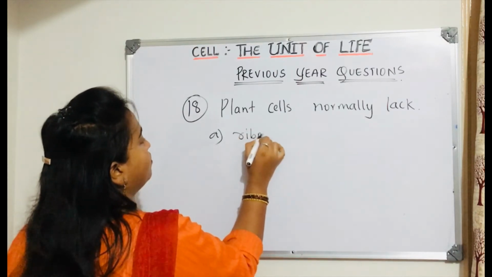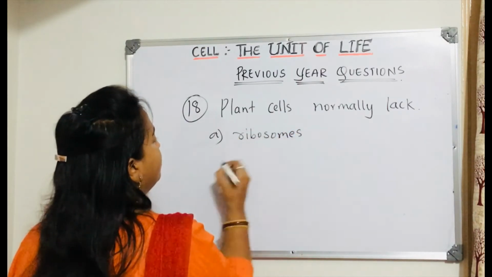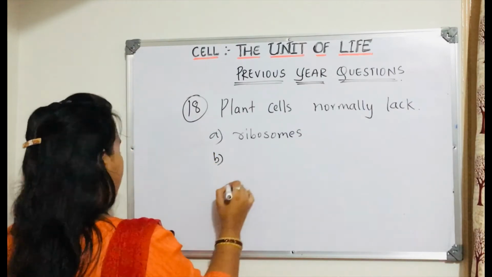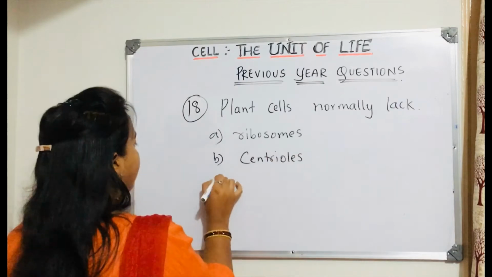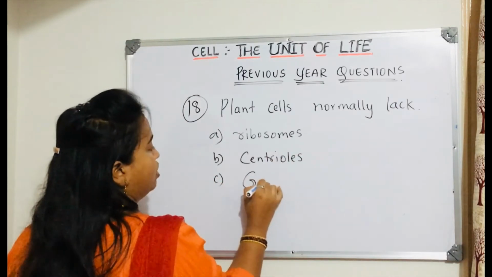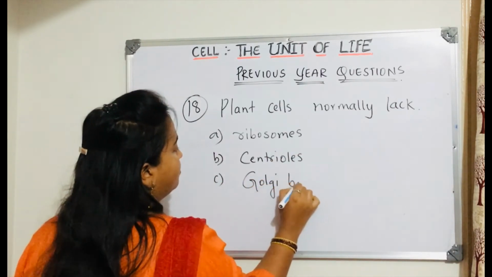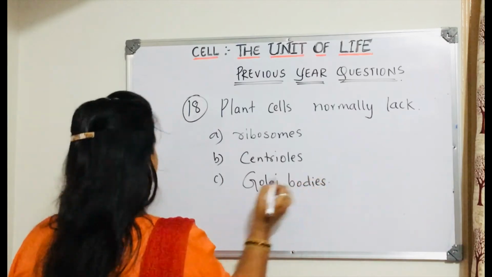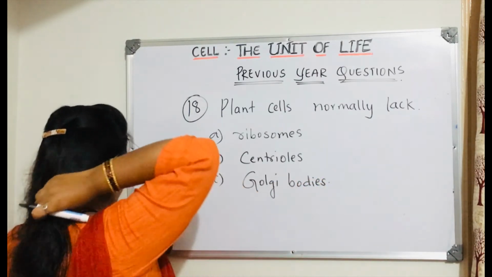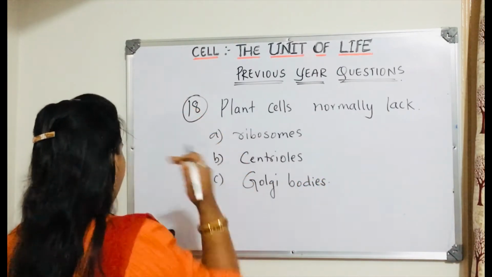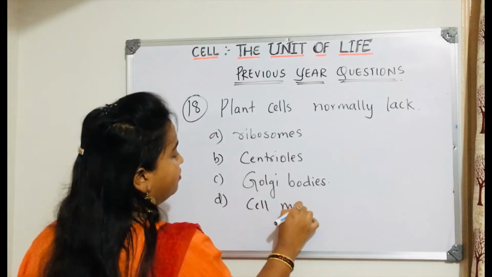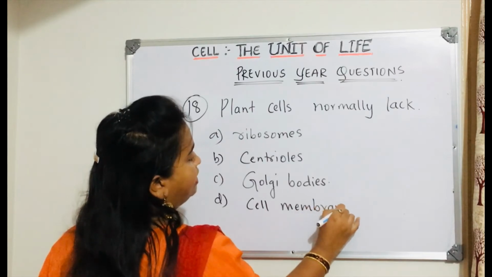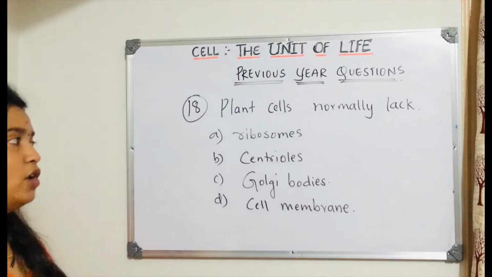Ribosomes, centrioles, Golgi bodies, cell membrane. What is the answer? Plant cells normally lack.